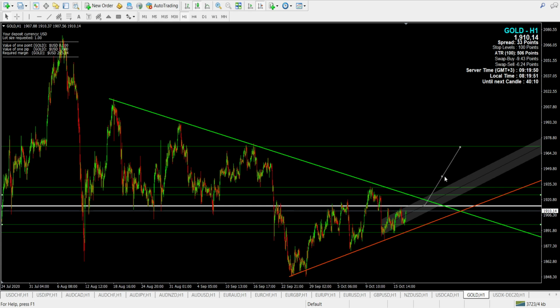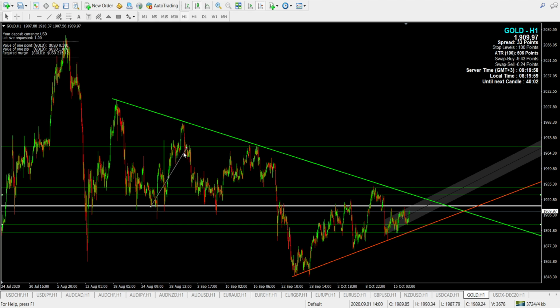Sorry, I just want to check it against the gradient on this level. This is the gradient on this level. Okay, so this one is slightly less. So that's going to be our estimated gradient.